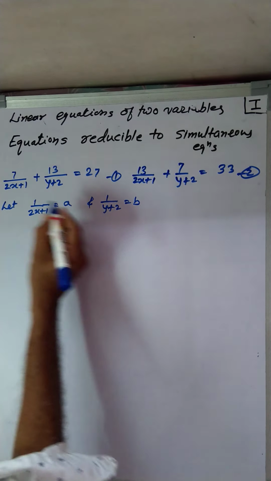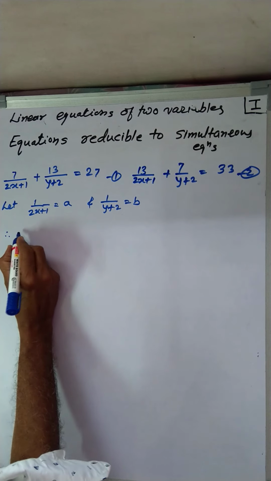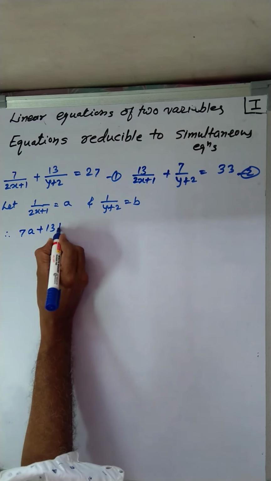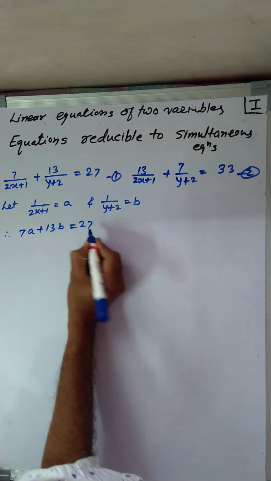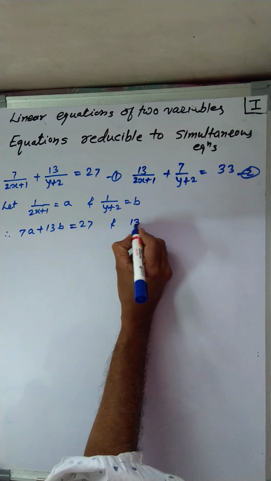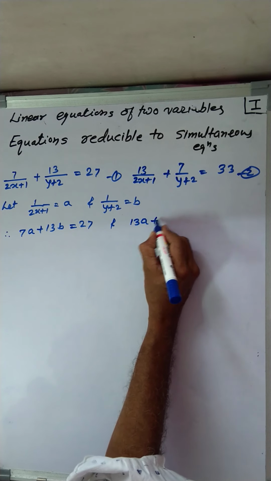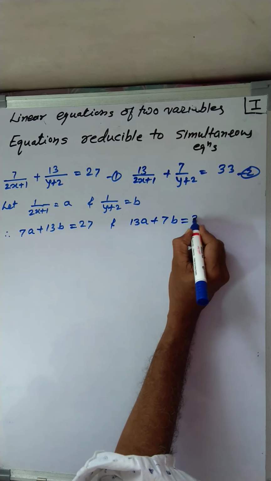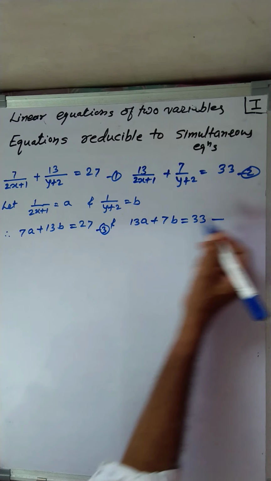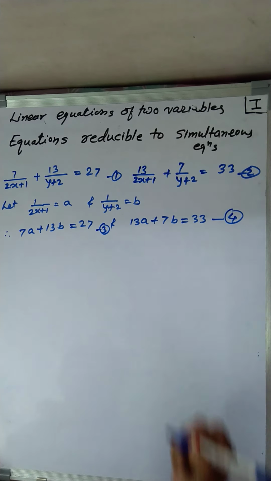Now the first equation becomes 7a plus 13b is equal to 27, and the second equation becomes 13a plus 7b is equal to 33. This is equation number 3, and this is equation number 4.